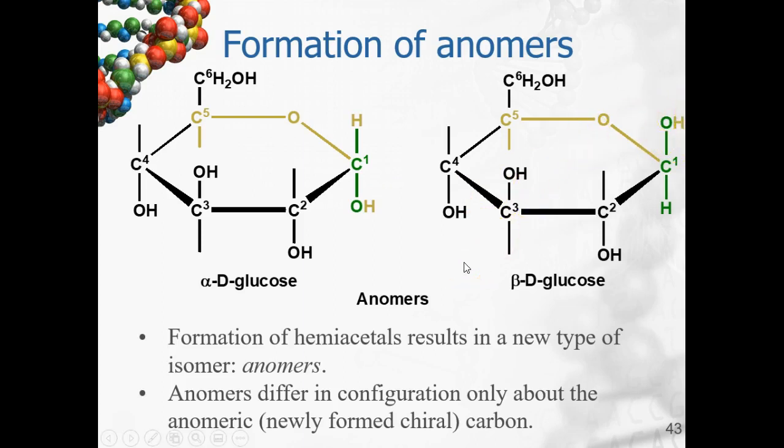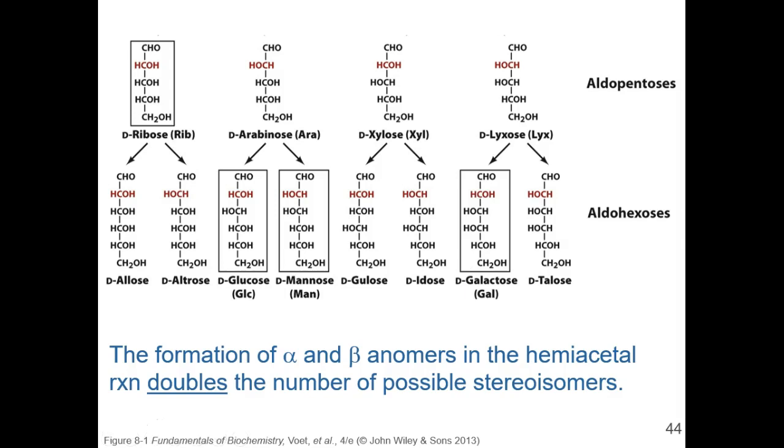So what that means is that you double the forms of isomers. These compounds right here, the aldopentoses and the ketohexoses, can carry out these hemiacetal reactions to get either 5 or 6 membered rings. So now all of these could have alpha and beta forms.